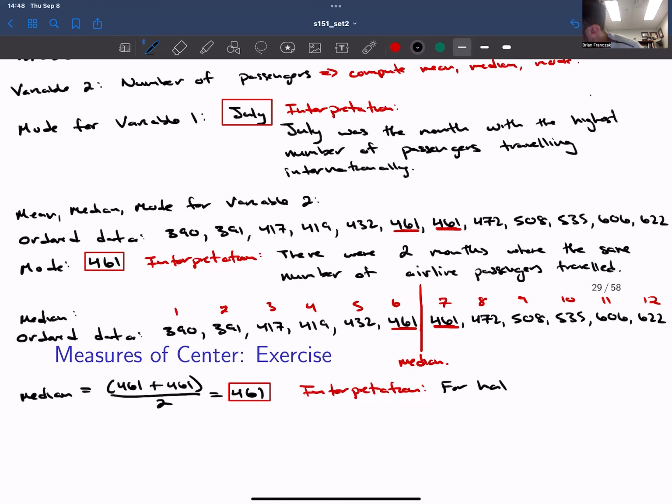So for half of the year, less than 461 passengers traveled internationally.